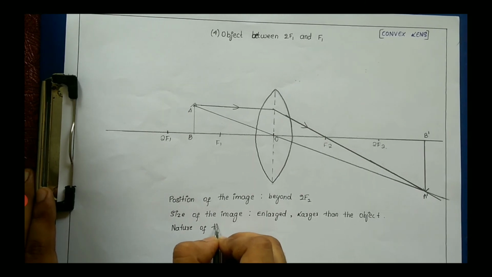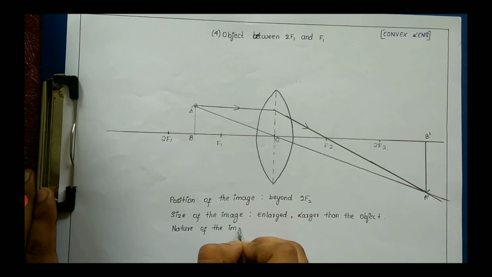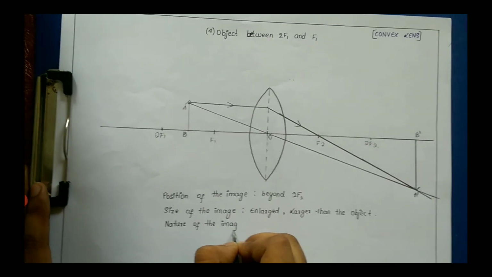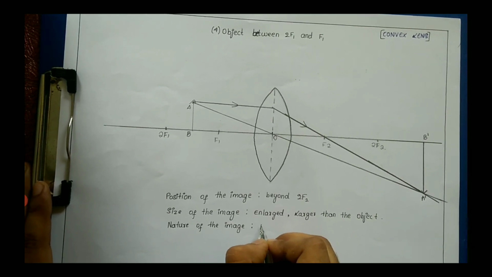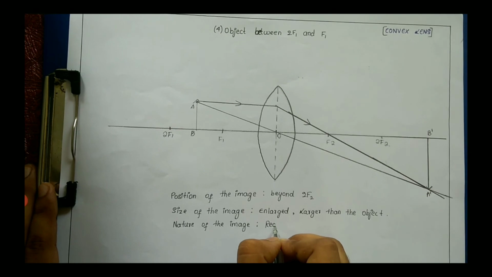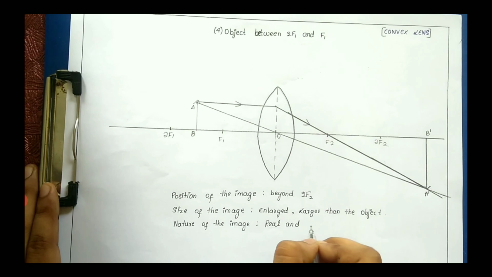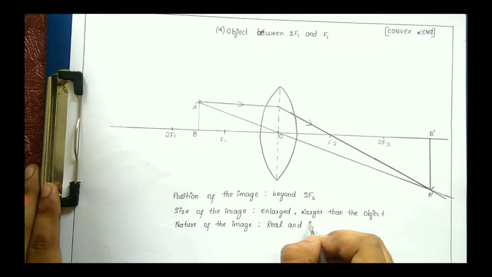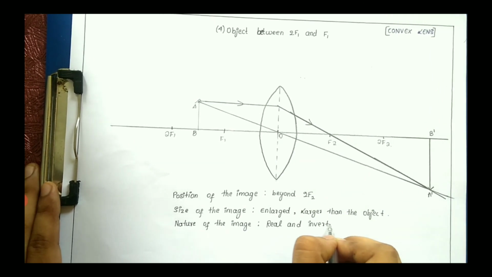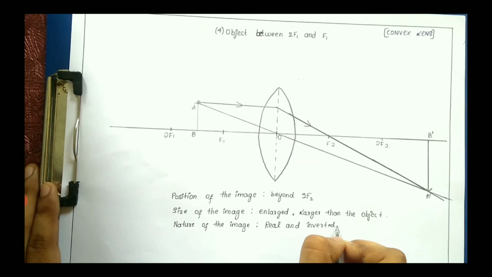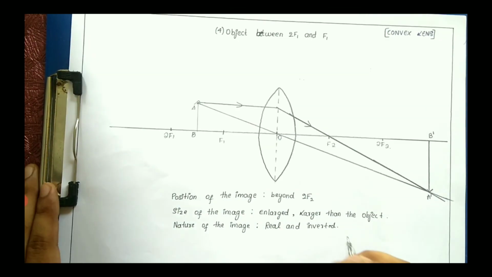Nature of the image: that is real and inverted image. When the object is between 2F1 and F1, you will get the image beyond 2F2 and it is a real and inverted image.